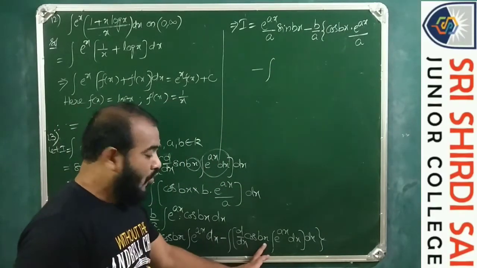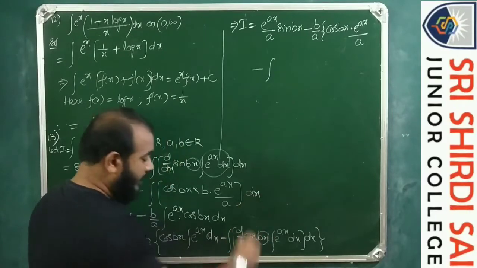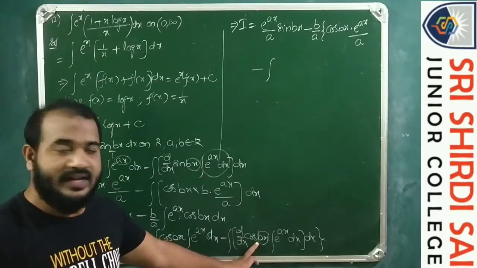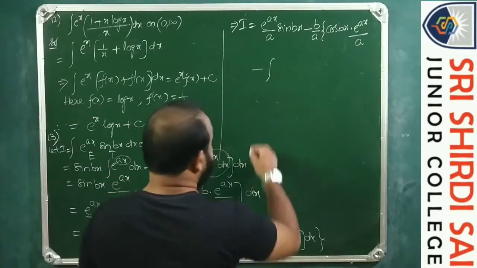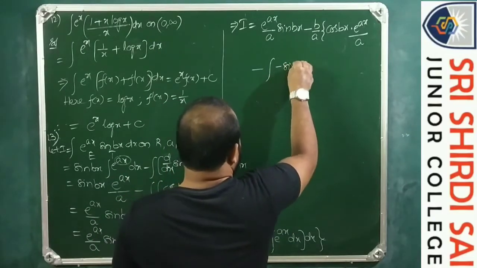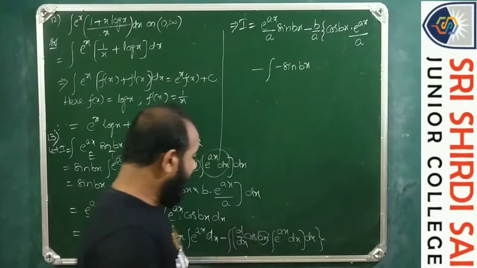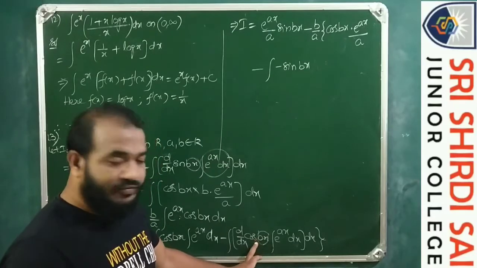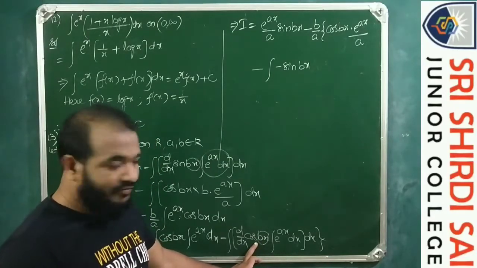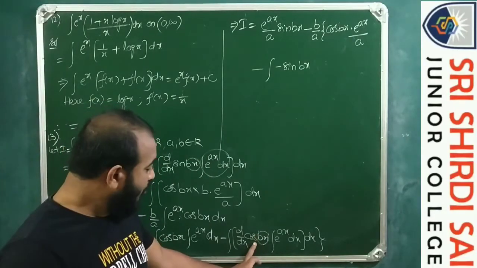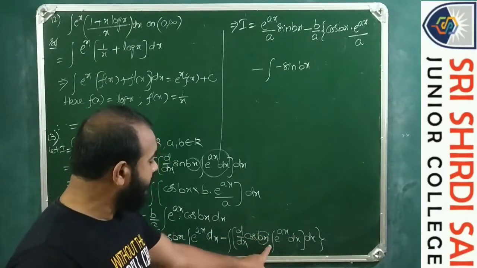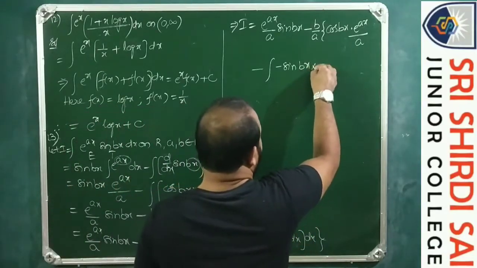d by dx of cos bx. Let us suppose this to be x. D by dx of cos x is minus sin x. So this is minus sin bx, and whichever we have treated to be x, we need to differentiate it again, into d by dx of bx, which is b.